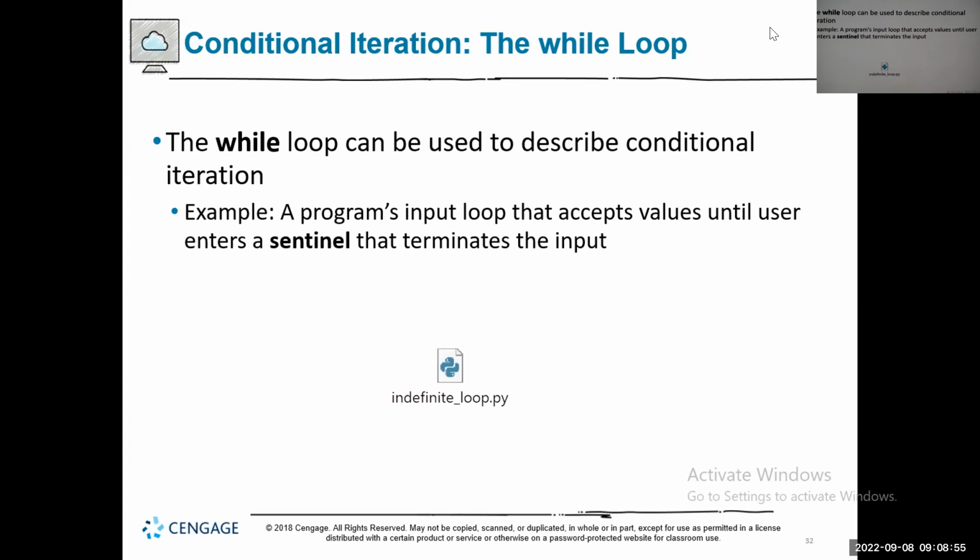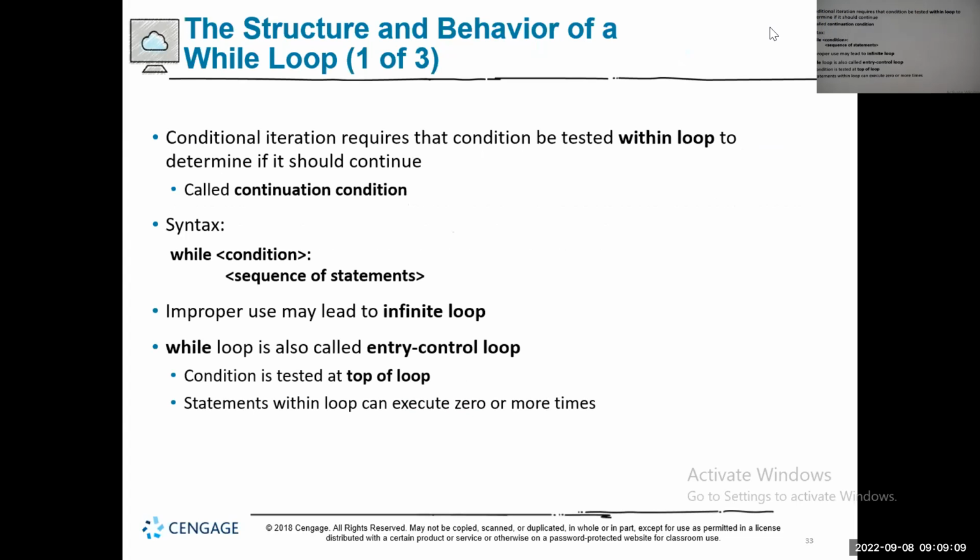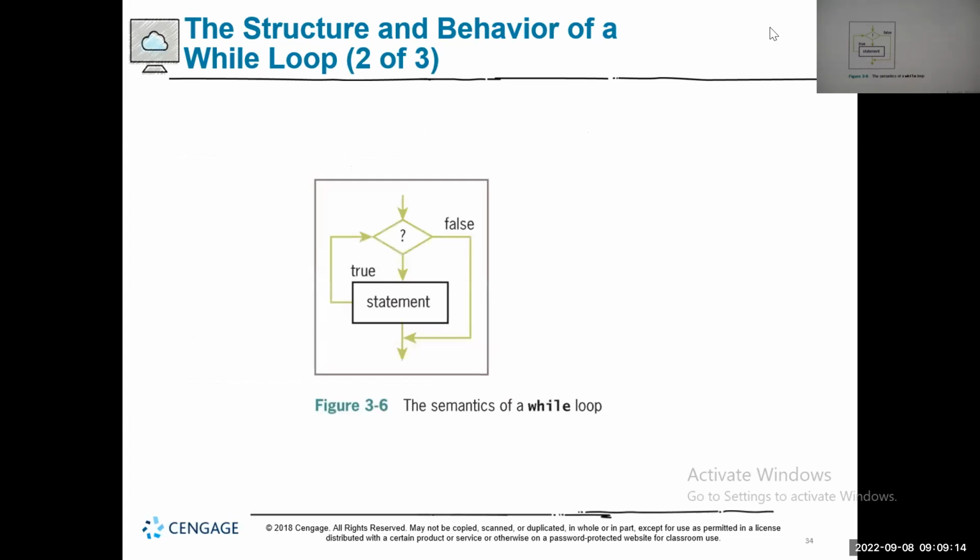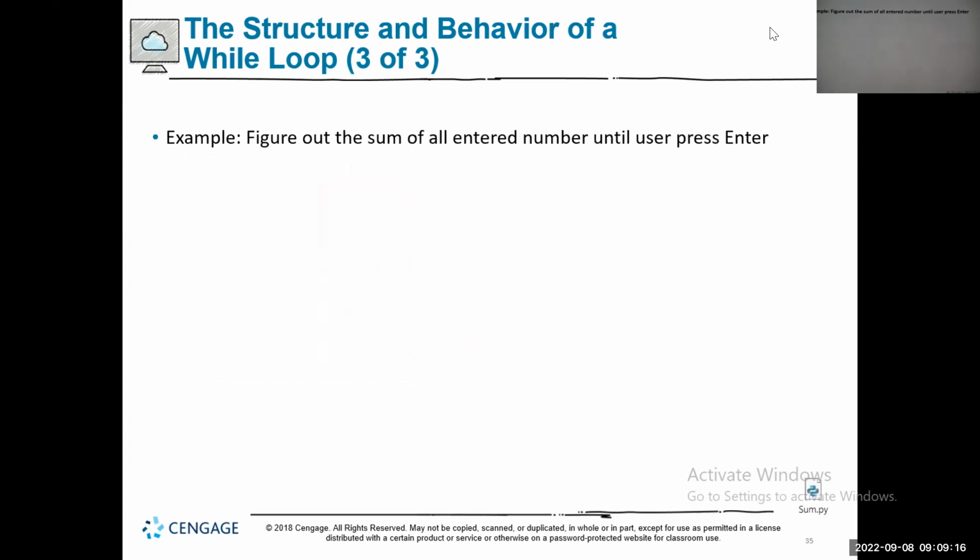Normally, with a while loop, the program accepts input values until the user enters the sentinel value. The sentinel value is one that never happens in real life, so we can think about this.